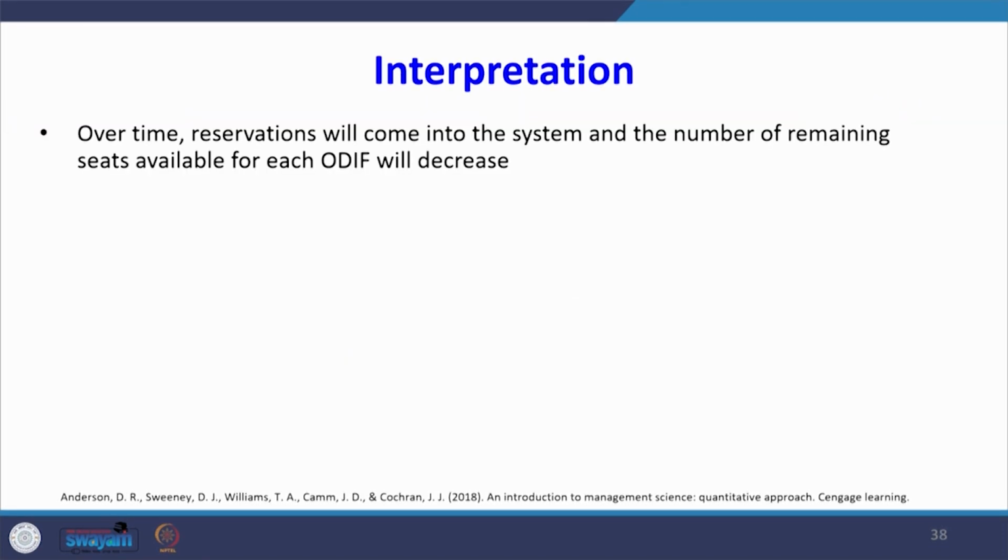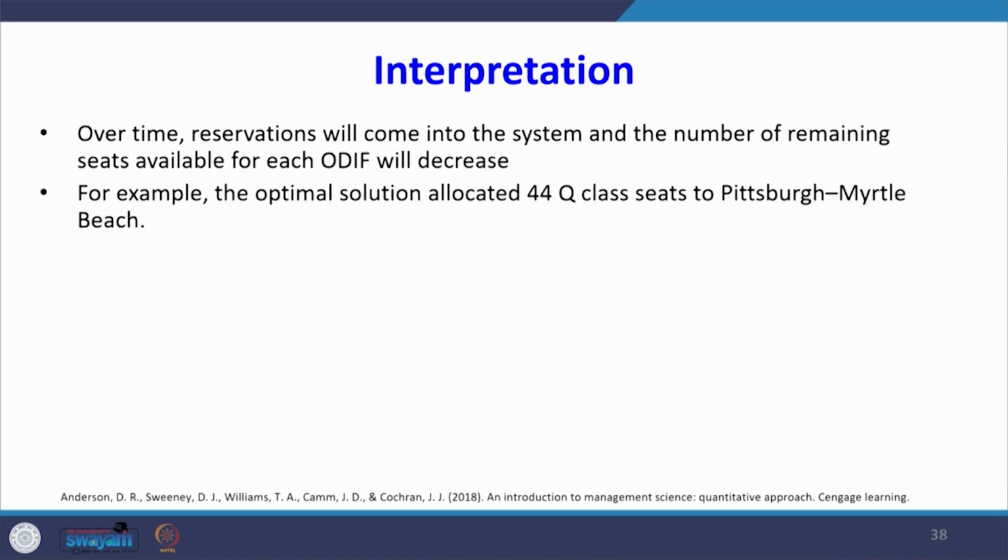Over time, reservations will come into the system and the number of remaining seats available for each ODIF will decrease. For example, the optimal solution allocated 44 Q class seats between Pittsburgh and Myrtle Beach.